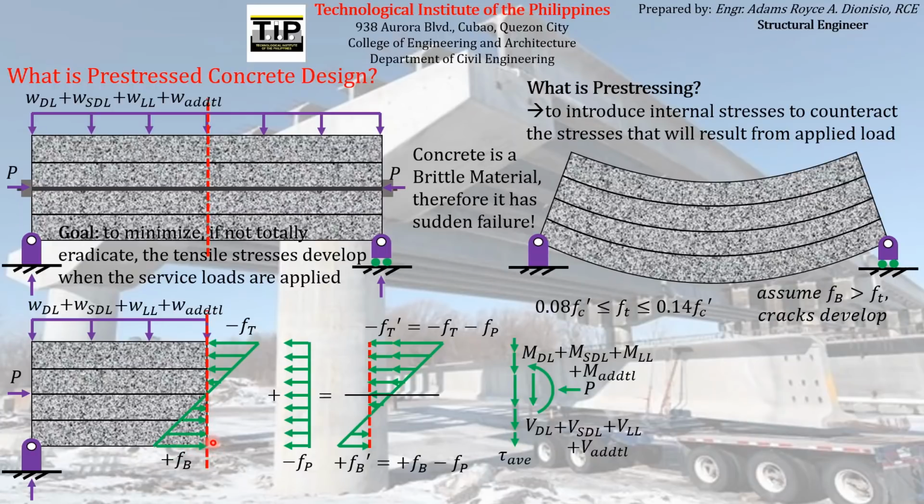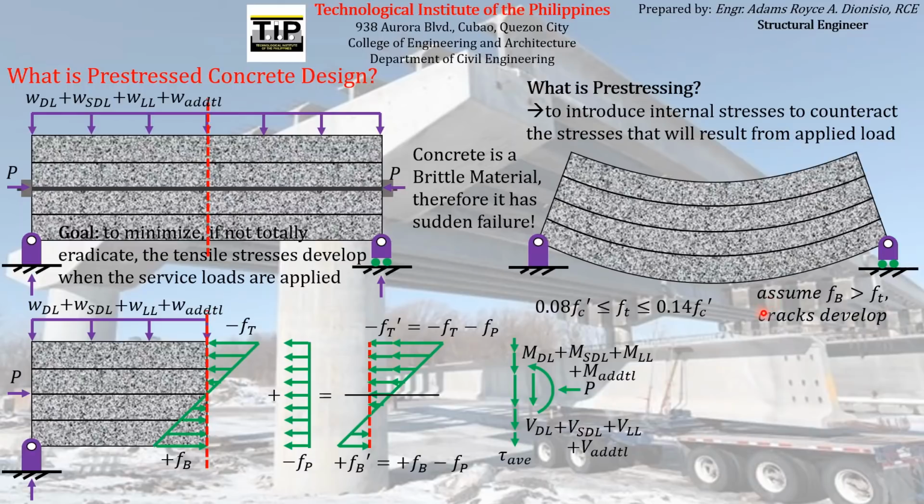Kahit lumaki yan, pag dinagdag natin yan dito sa effect nitong compressive force na to, we are sure na kung lalaki man yung tensile stress na yan, it will be far from the tensile strength of the concrete. Or pwede, umabot siya dun sa tensile strength ng concrete hanggang sa mag-crack na siya.